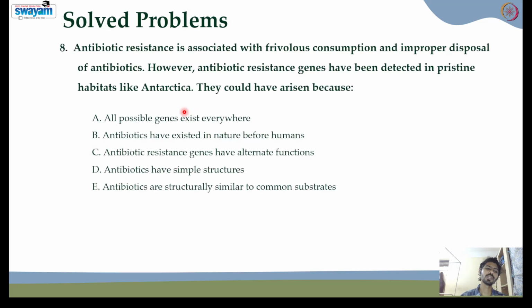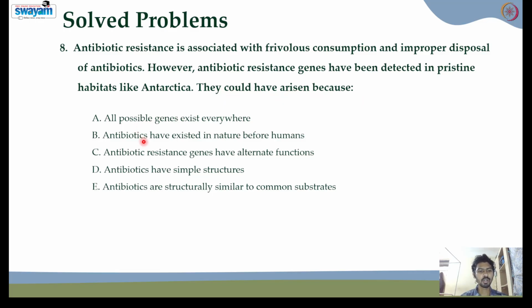So we will now move on to the next question. Antibiotic resistance is associated with frivolous consumption and improper disposal of antibiotics. However, antibiotic resistant genes have been detected in pristine habitats like Antarctica. How has this resistance occurred? They could have arisen because: option A, all possible genes exist everywhere.